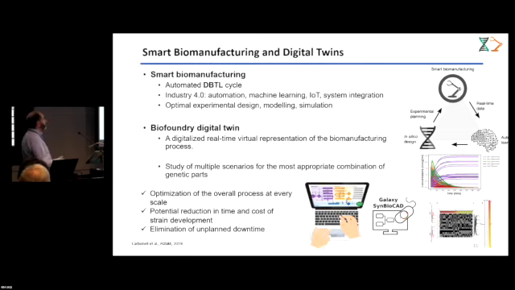And basically what we need is to adopt the ideas of Industry 4.0: automation, machine learning, Internet of Things, interconnectivity in the lab, so that the different equipment can exchange data, and system integration, so that we can work on optimal experimental design, modeling, and simulation.